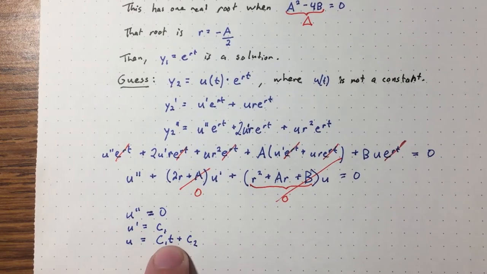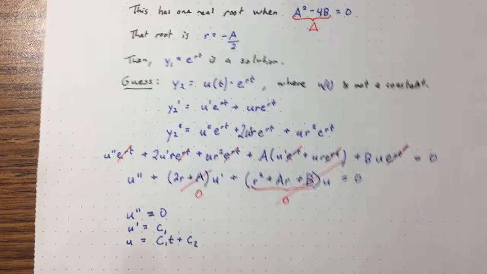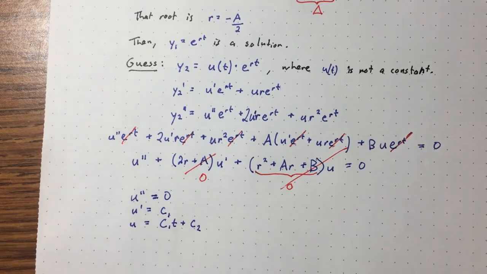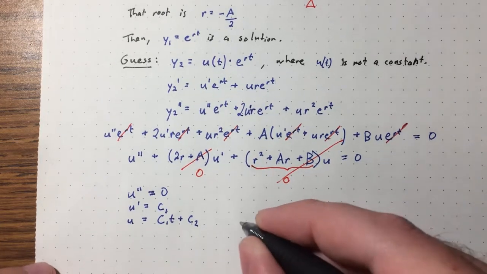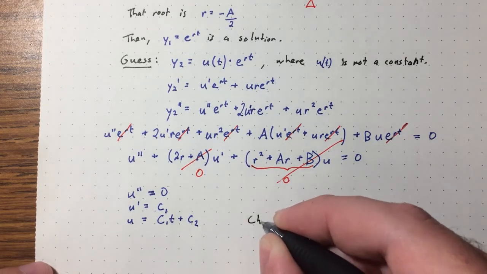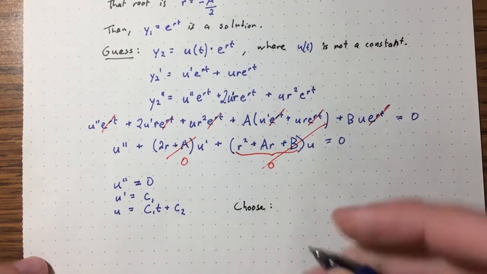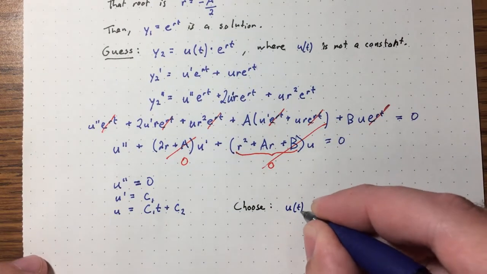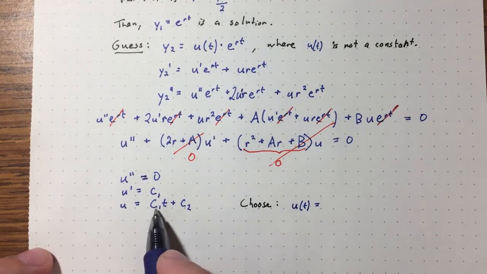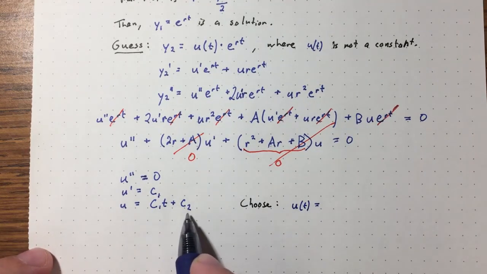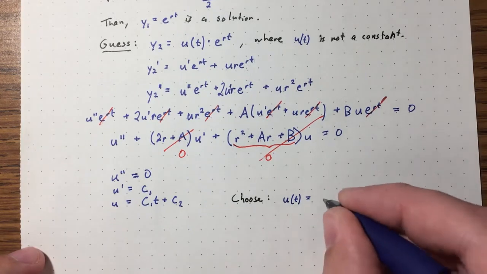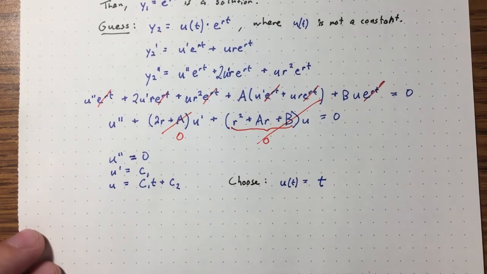So in other words, I want this t term to show up. So I want to choose c1 so it's not 0. So let's just choose u of t to be, why don't we choose c1 to be 1 and we'll choose c2 to be 0. So in other words, just choose the function t.